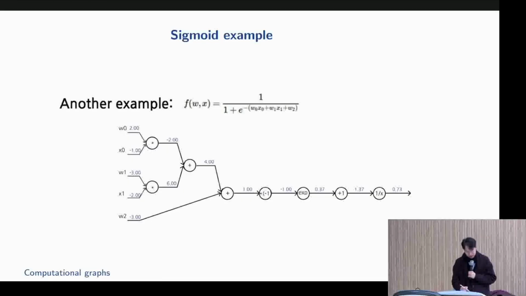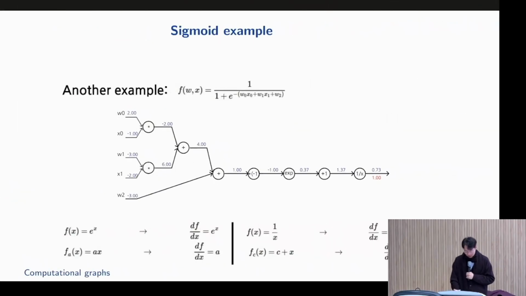What it does is take two inputs in this case, x0 and x1, and it has three parameters, w0, w1, w2. So these are your parameters. It does a linear combination, multiplies by -1, exponentiates it, adds 1, and inverts. That's the output of a sigmoid function.